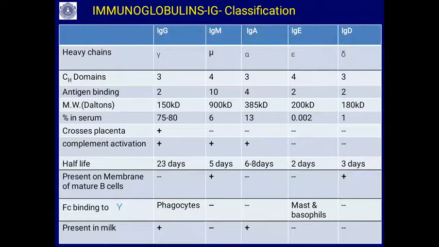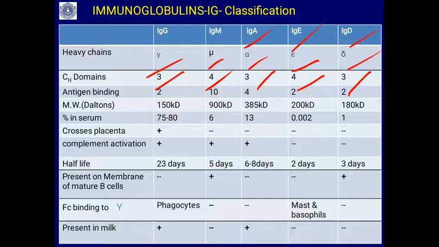Let us see the differences between these: IgG, IgM, IgA, IgE, IgD. The heavy chains are gamma, mu, alpha, epsilon, delta. Constant heavy chain domains: IgG 3, IgM 4, IgA 3, IgE 4 and IgD 3.